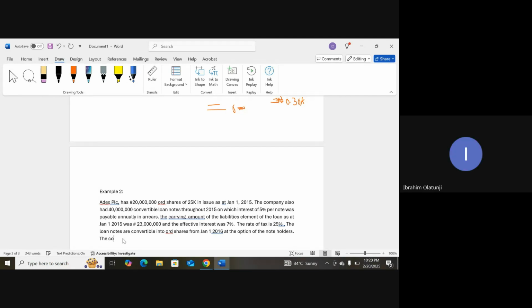The conversion terms are one ordinary share. Now, wow, this question is long.